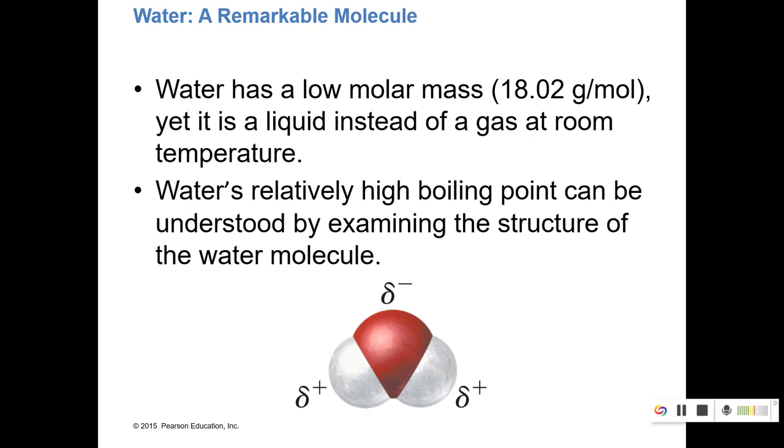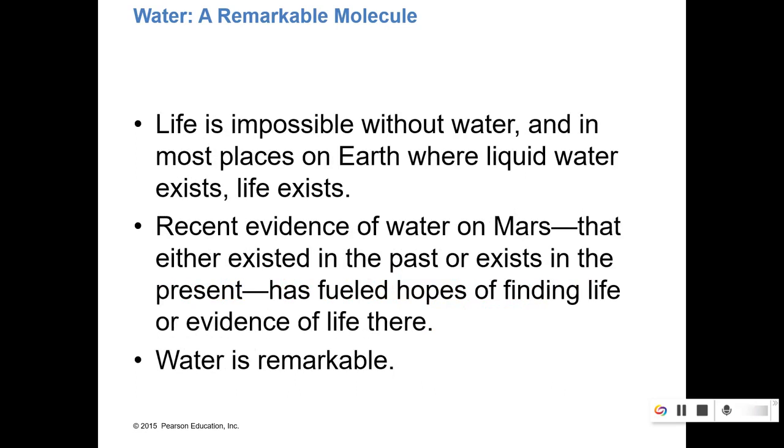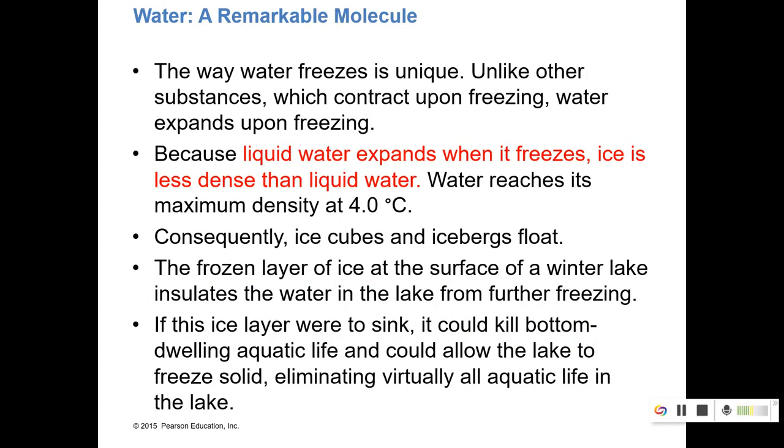All right, so we've talked about water over and over again, but really it's an amazing substance. It is very polar because of its hydrogen bonding. So it is able to dissolve polar and ionic compounds. We generally call water the universal solvent because it is highly polar. You should also just know that liquid water expands when it freezes.